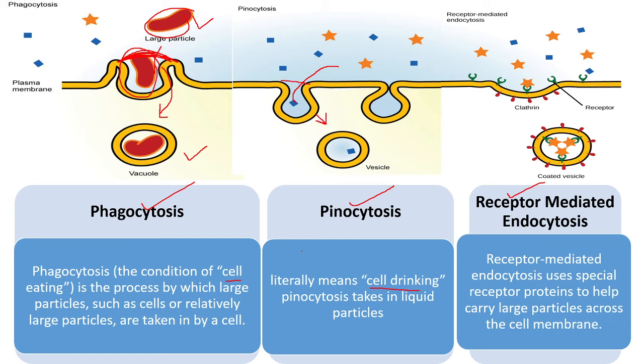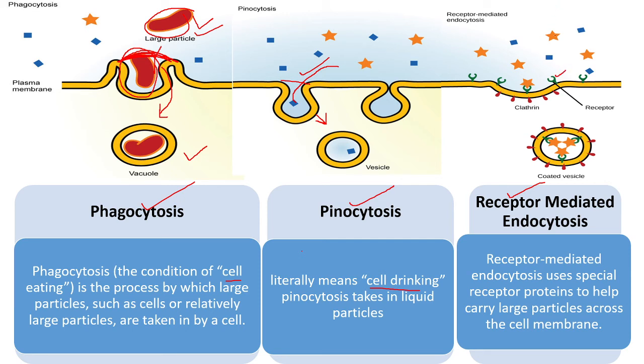The difference is that in phagocytosis the material is in solid form, and in pinocytosis it is in the form of liquid. And the third type of endocytosis is receptor-mediated endocytosis. Here the molecule has a receptor on the plasma membrane. A specific molecule has a specific receptor.